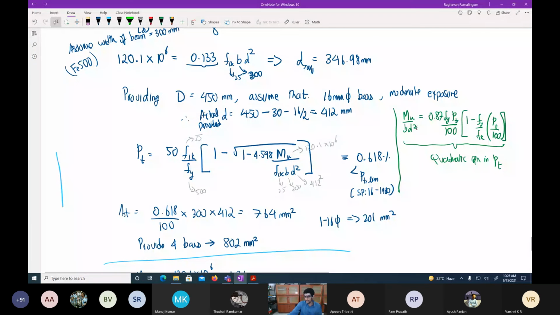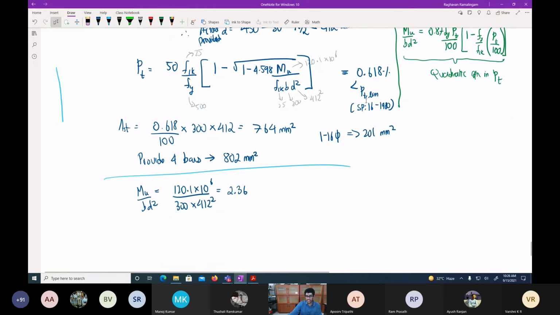In fact, if you go back and try to solve this equation manually and find out PT, you will again get either 0.618 or 0.617. So from this you got PT equal to 0.617%.